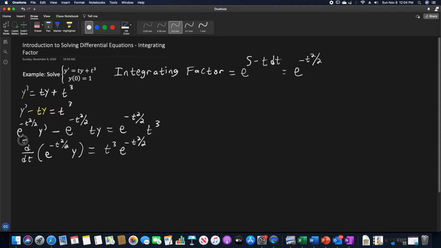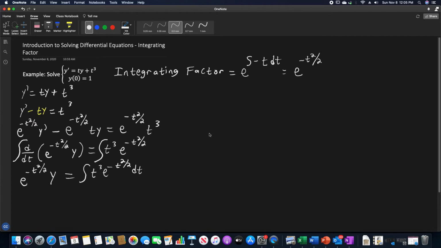And we are going to now integrate both sides. The left-hand side will just cancel out and be left with e to the negative t squared over 2 times y. The right-hand side, however, is going to be a little more complex. So this is going to be equal to the integral of t cubed e to the negative t squared over 2 dt.